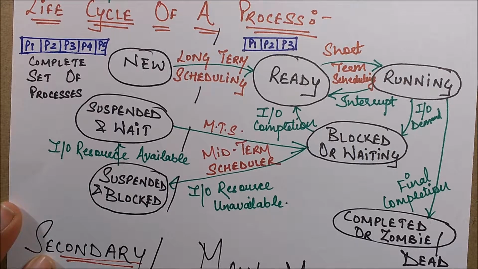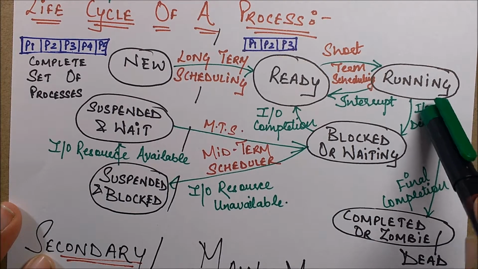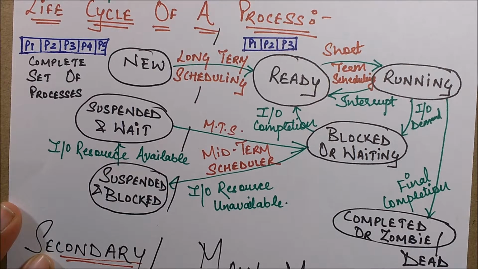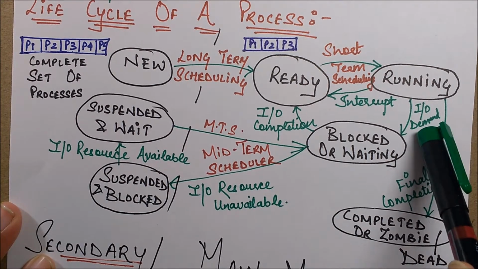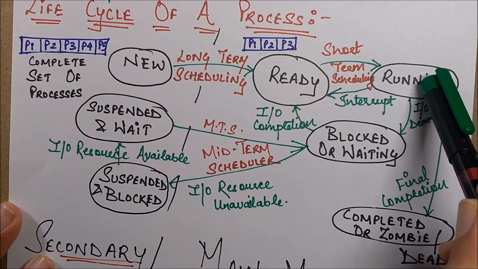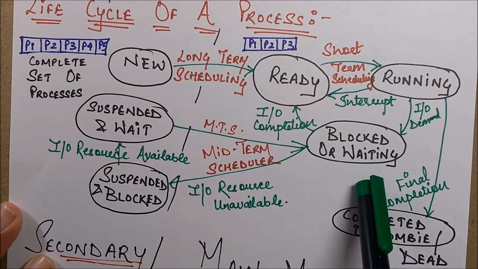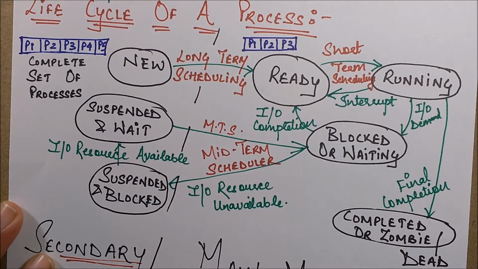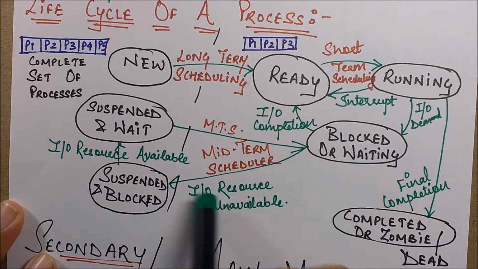Now let's say the process that was running has issued some input output demand. Then it is preempted and sent to the blocked or waiting state. This is also done by your short-term scheduler. Just hold on to this, and don't mix it with the mid-term scheduler. It comes in over here, and we'll discuss that.